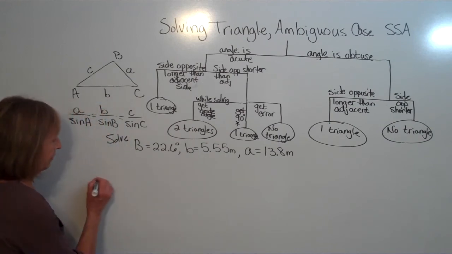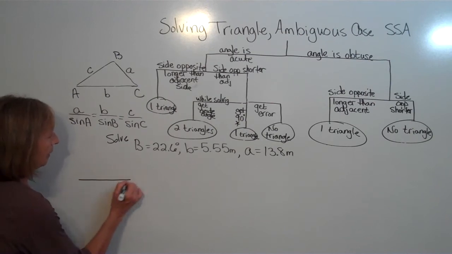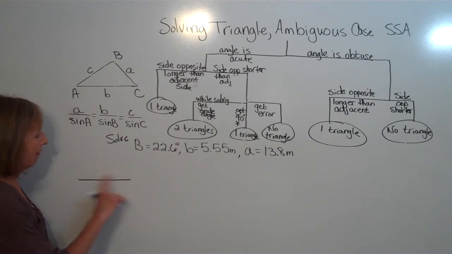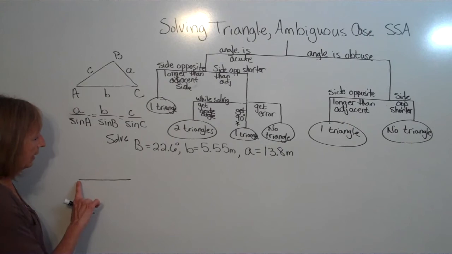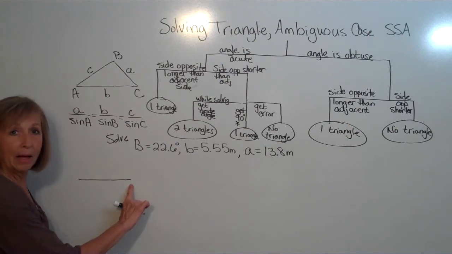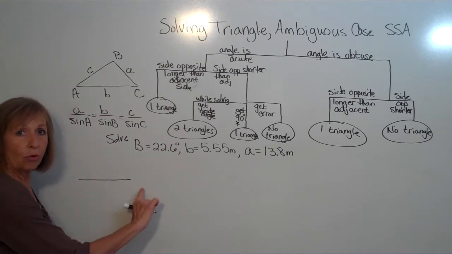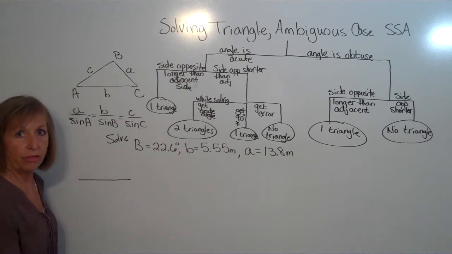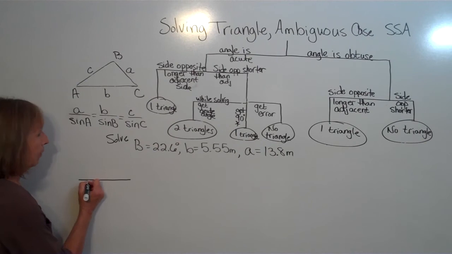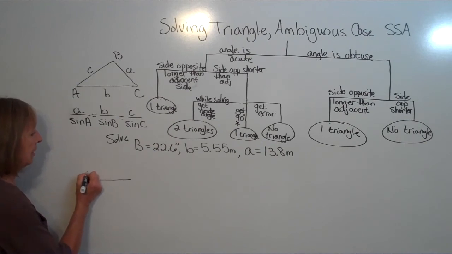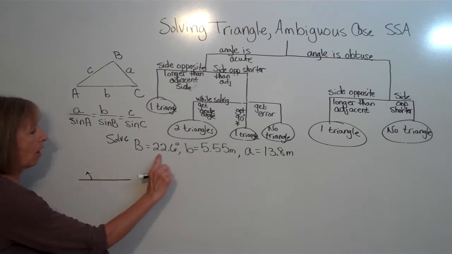Now when we're just trying to visualize this, off to the side we can map it out where we draw a horizontal line that's not one of the sides we know. It's actually the third side that we don't know. And we're going to think about what the angle is that we do know off of that side.